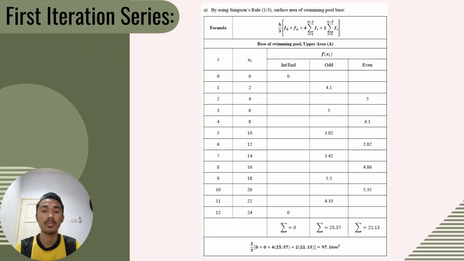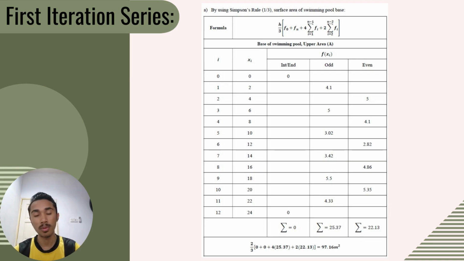As the previous slide showed, we are going to find the surface area of the irregular shaped swimming pool base. Therefore we are going to approach it by using the iteration method, specifically Simpson's 1/3 rule. For the first iteration series, we are going to use the upper side of the swimming pool base, because we divide it into two parts.